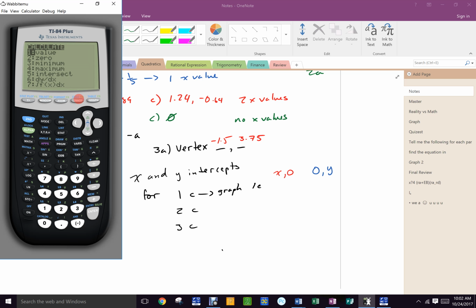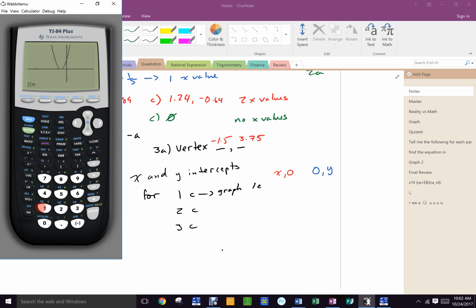Does it say intercept? No, so 5's not going to help us. We know maximum and minimum work with the vertex. 6 is calculus. 1 could help us. So let's see what happens when we push 1.